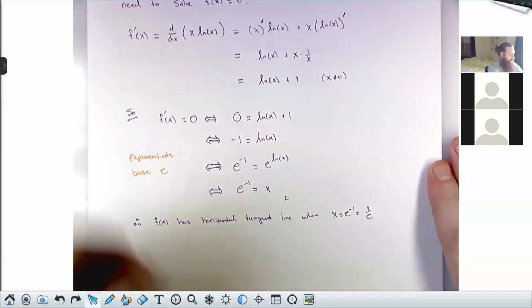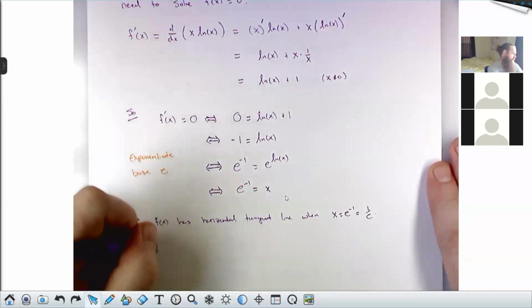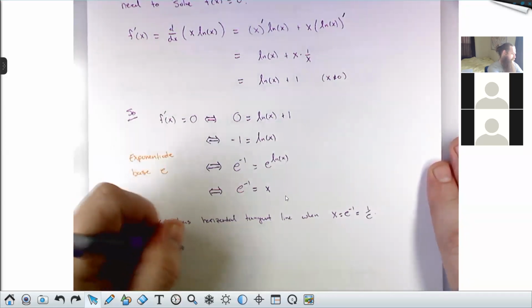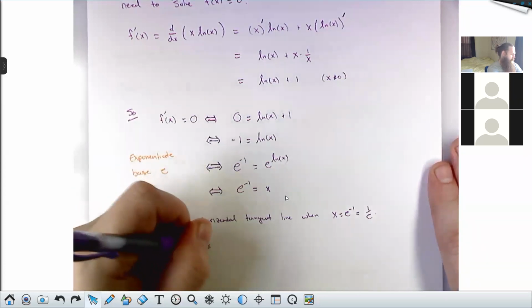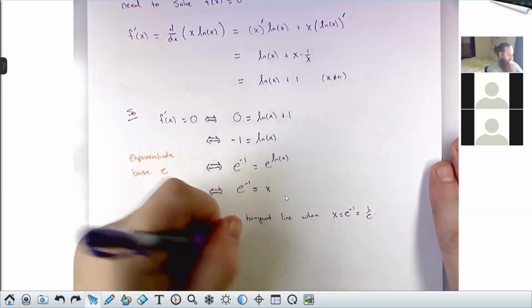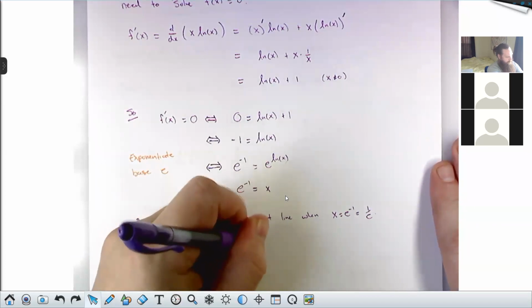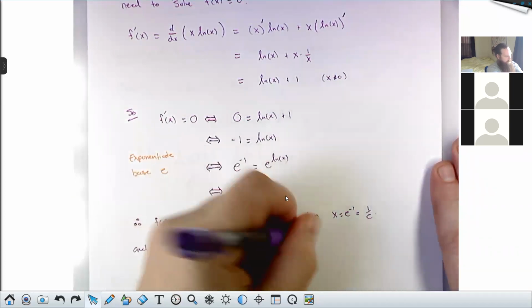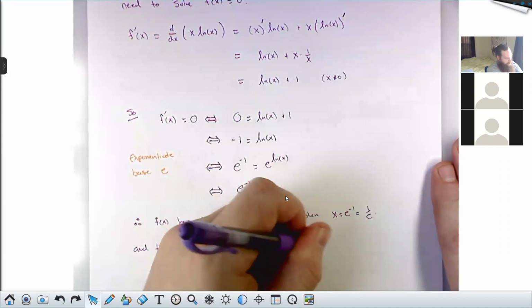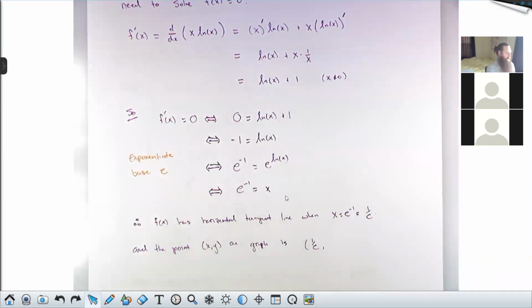And the point, remember they asked for points, x comma y, on the graph is 1 over e comma what? Well, I have to find f of 1 over e.